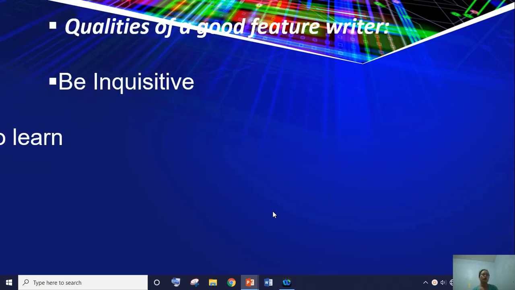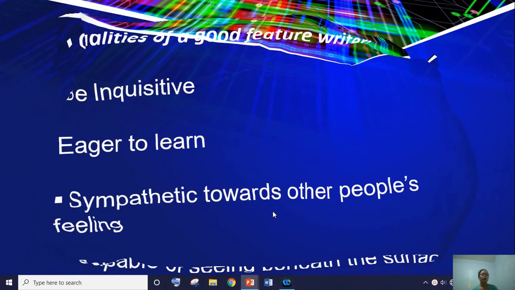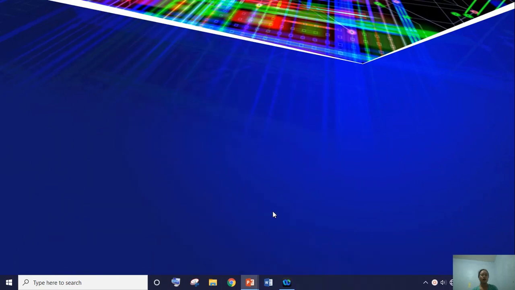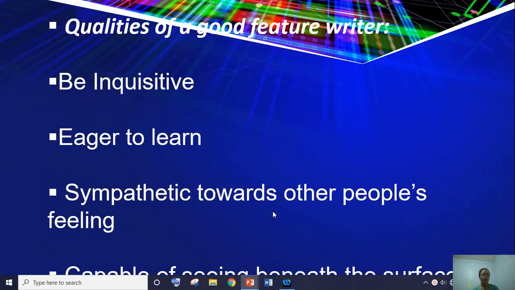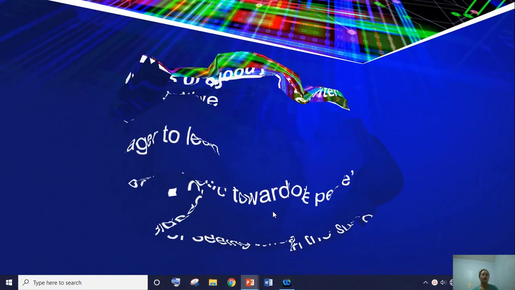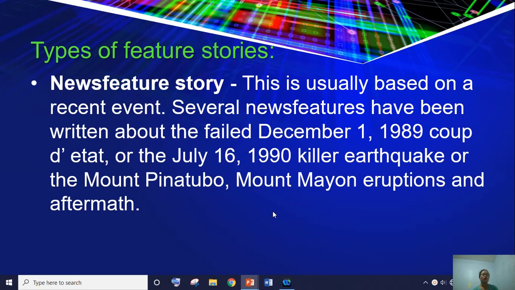Qualities of a good feature writer: be inquisitive, eager to learn, sympathetic towards other people's feelings, and capable of going beneath the surface. Types of feature stories. News feature story.